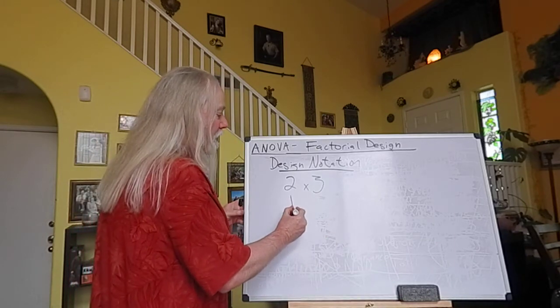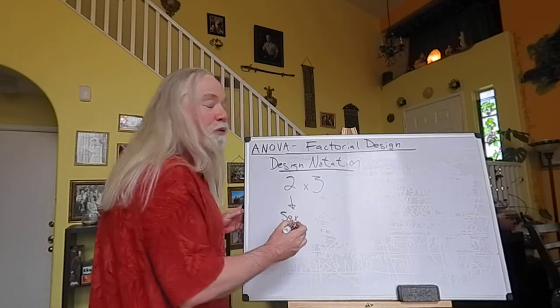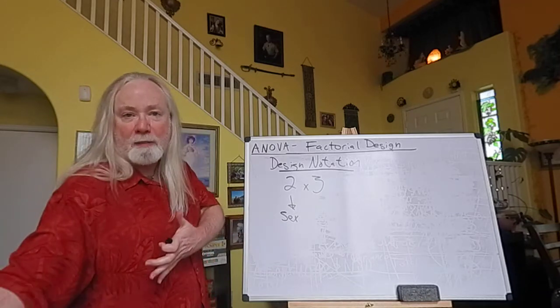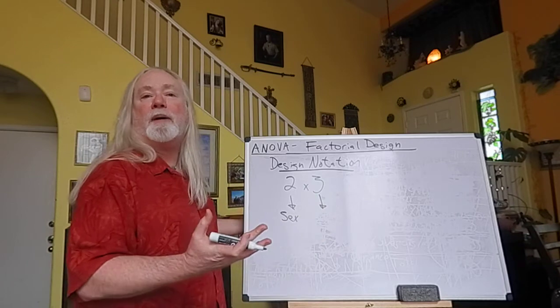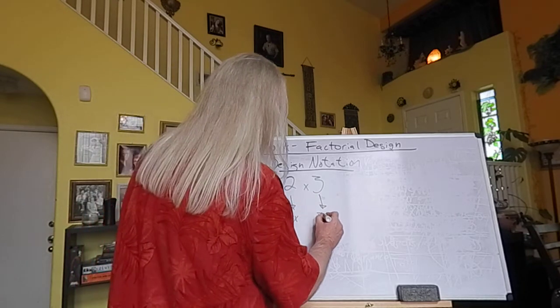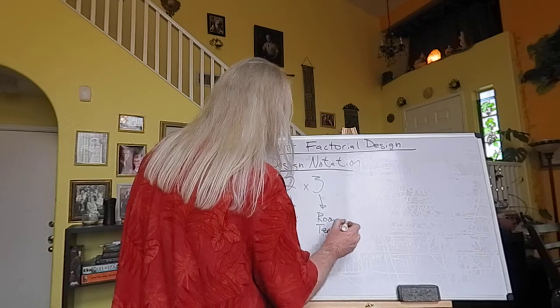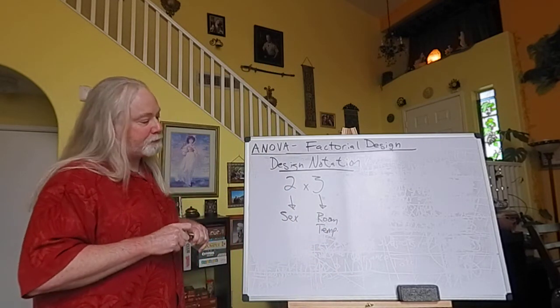This one might be your biological sex. That's one factor. How do males perform in some capacity versus biological females in some other capacity? And this one might refer to, I'm going to use the example I was using earlier, room temperature. Completely different independent variable, completely different factor.